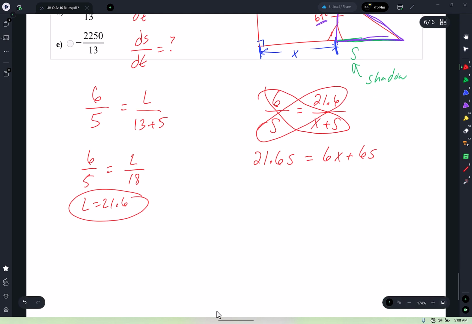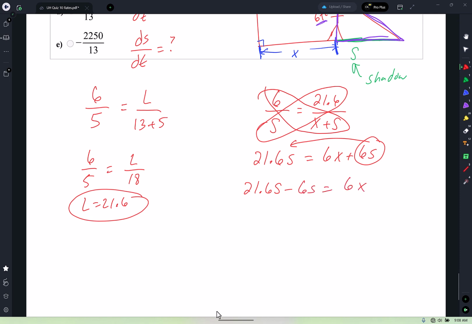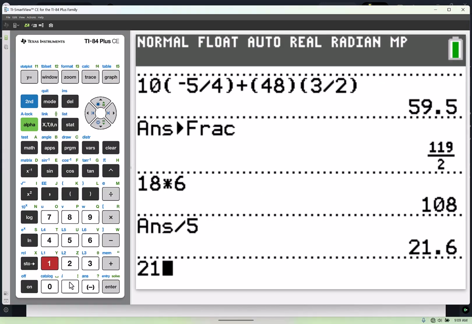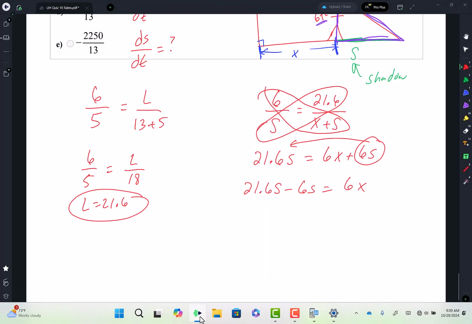And I'm going to move the 6S to the left. 21.6S minus 6S equals 6X. So 21.6 minus 6 is 15.6. Maybe we didn't need a calculator for that. 15.6S equals 6X.